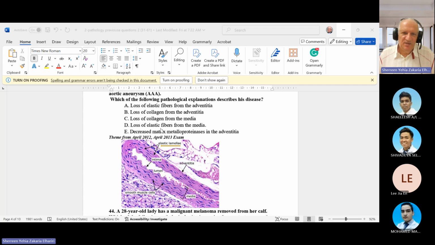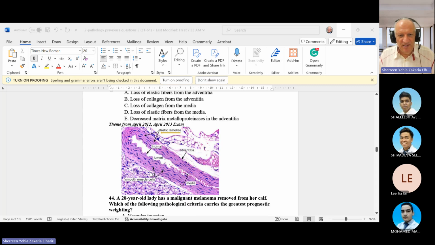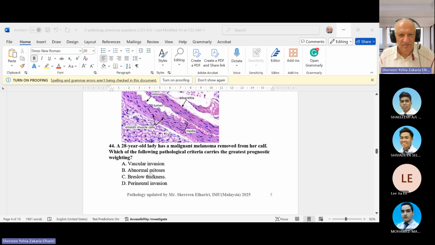So the answer here is loss of elastic fiber in the media. Of course, the adventitia is not related, it is just covering, and the intima is not related. So the only defect in the muscle layer, which is the media, elastic fiber, is the cause of the aortic aneurysm. We speak about acquired aortic aneurysm.